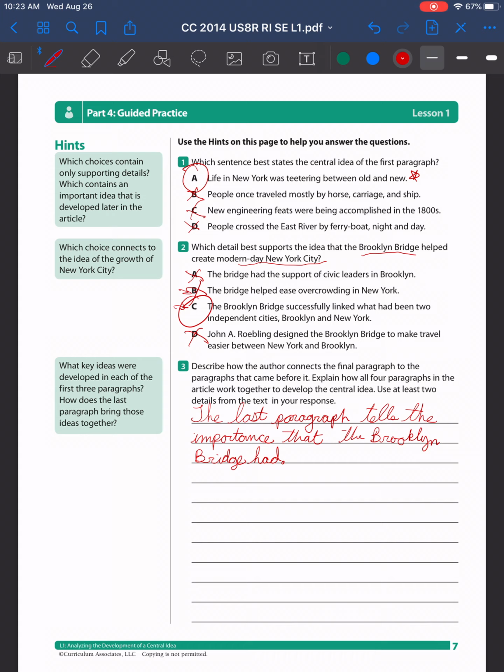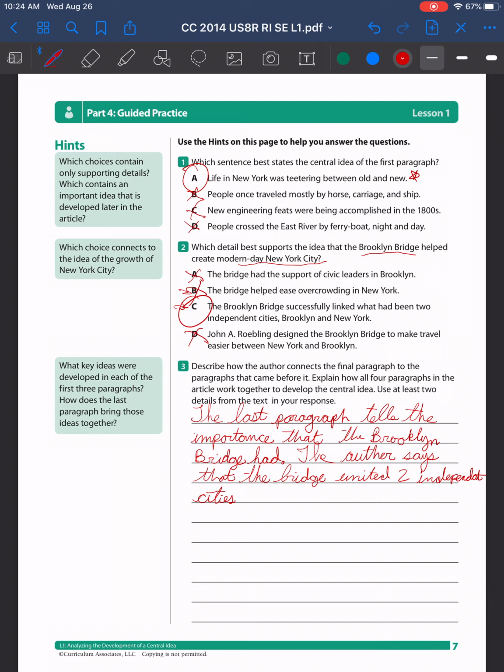So the author says that the bridge united two independent cities. Okay, so the author said that the bridge united two independent cities, and I'm going to give a quote.